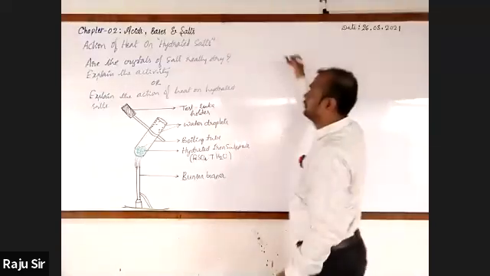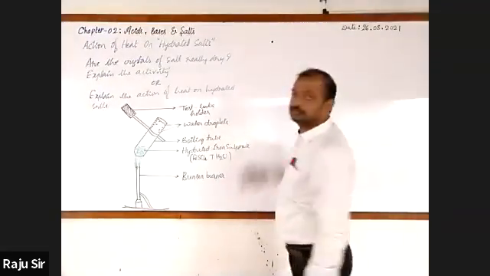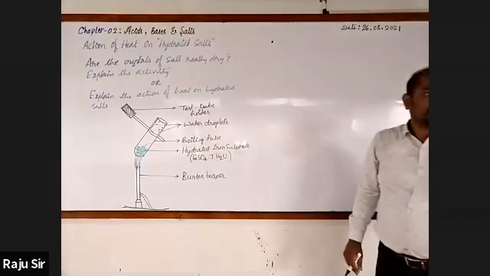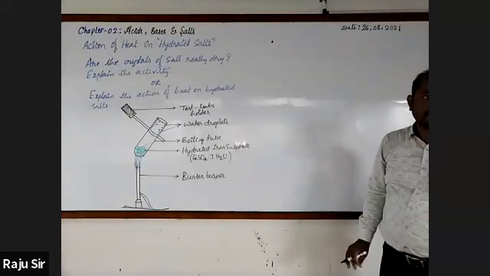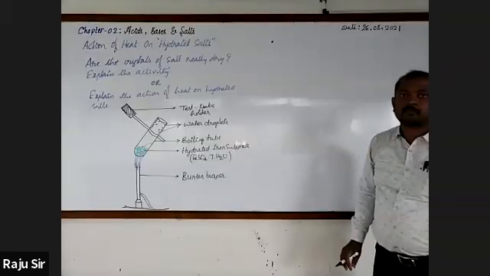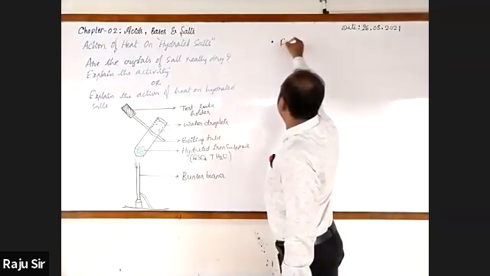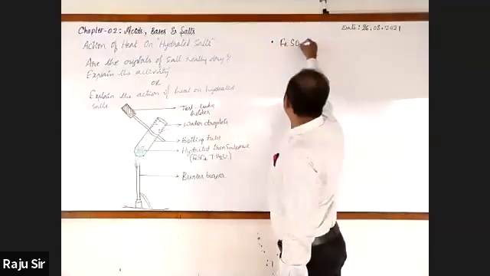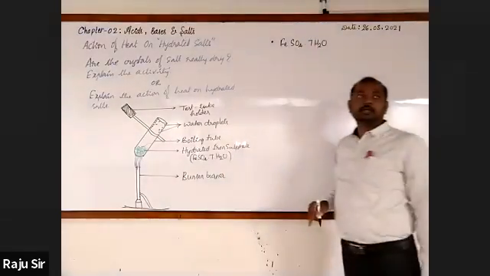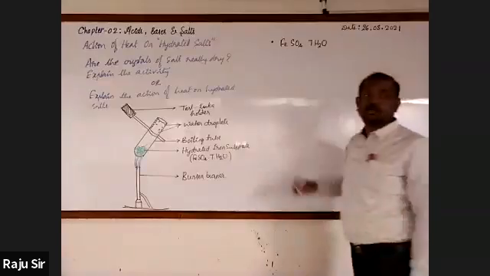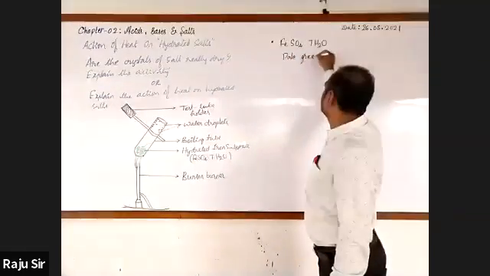The chemical equation is FeSO4.7H2O, hydrated iron sulfate. What is its color? It is pale green.